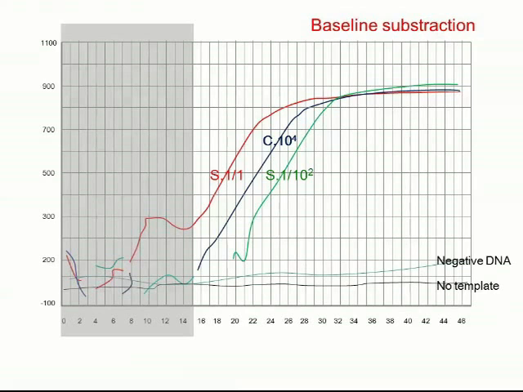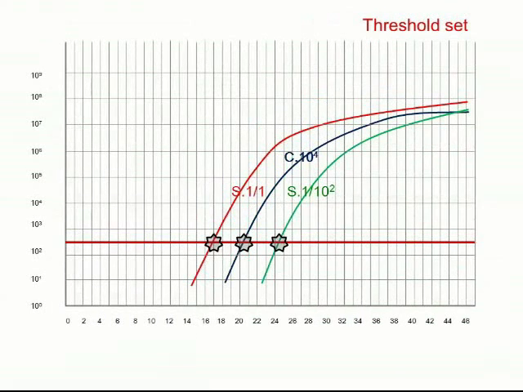The next issue is efficiency. How efficient is this amplification? Especially for quantitative analysis, all reactions should have a similar acceptable value of efficiency so that we can compare the results.